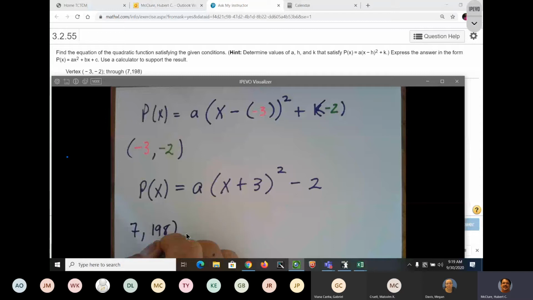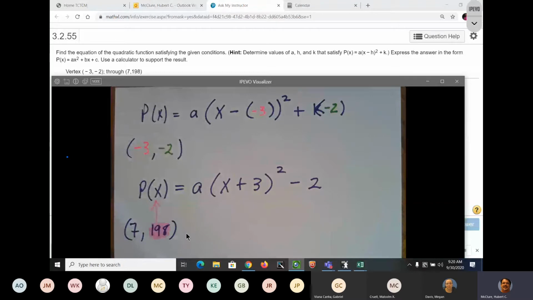So I'm going to take the 198, and that's going to go right there for P of X, which is a fancy way of writing Y, and that 7 is going to go right here.